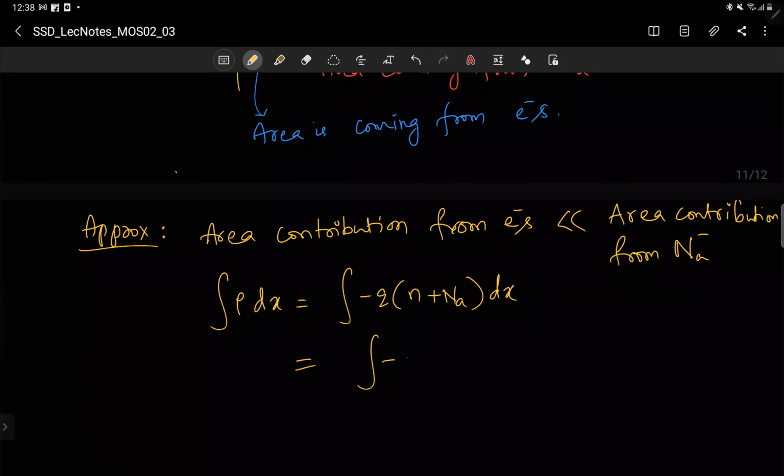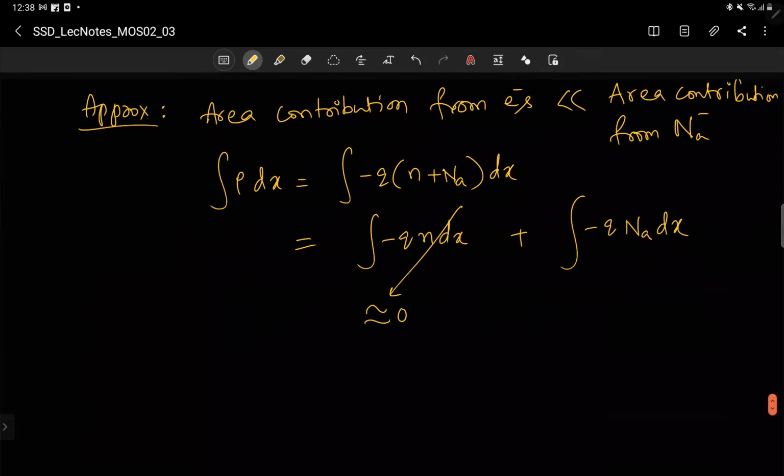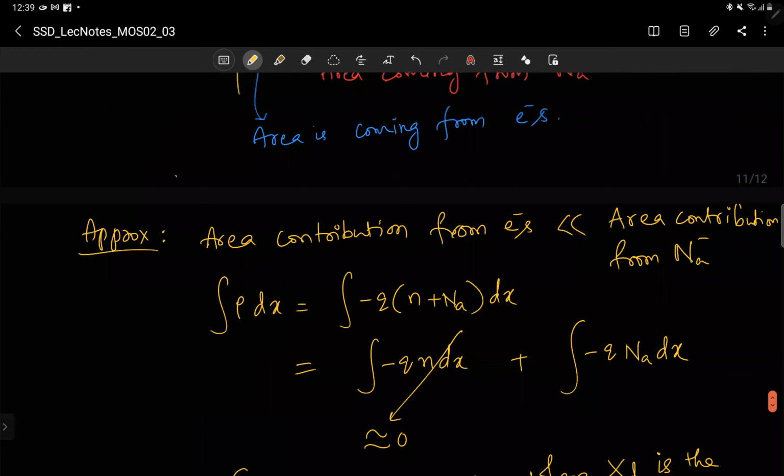You should write it like this, and now I can say that this term is much smaller compared to the other term. This implies the integral of rho dx is equal to minus q Na xd, where xd is the depletion width.